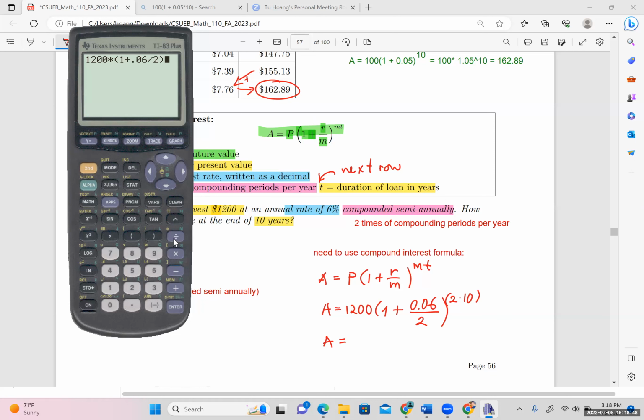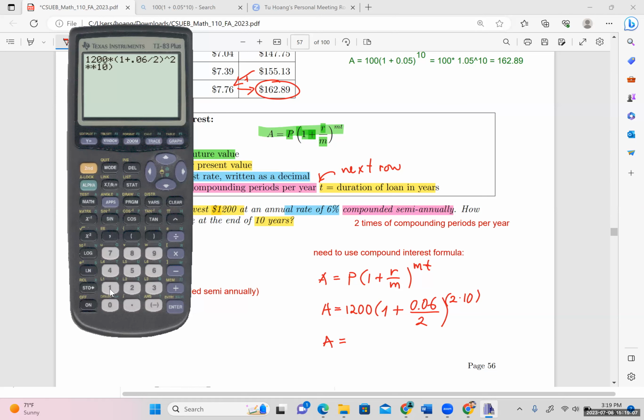All right. Now raised to power. Again, you can either multiply this power 2 times 10 to get 20, or you have to put parentheses here and then 2 times 10. If you don't do that, you may do raised to power 2 and then times 10.